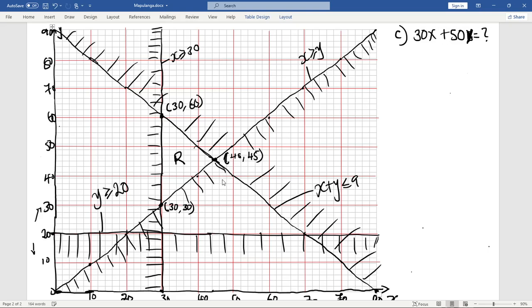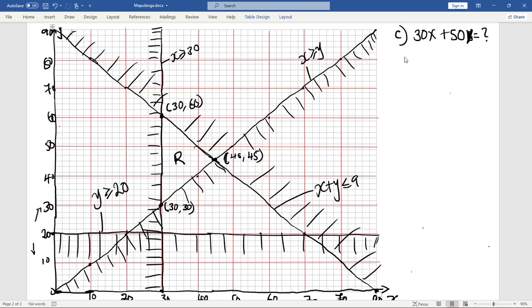Okay, so now what we're going to be doing here is we substitute these values into this here, then whichever will give us the bigger value, we get the coordinates as the number of cakes for A and the number of cakes for B. So let's try the first one.